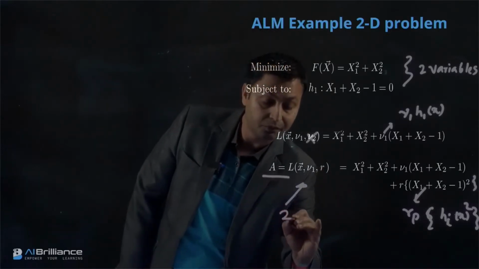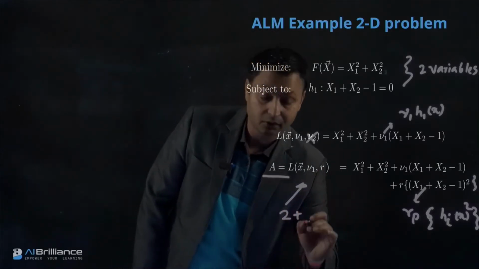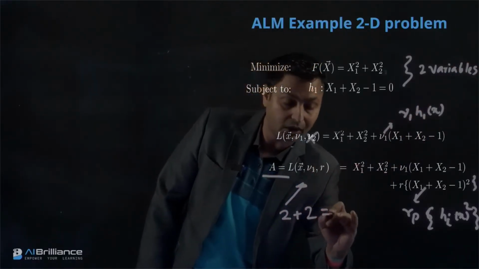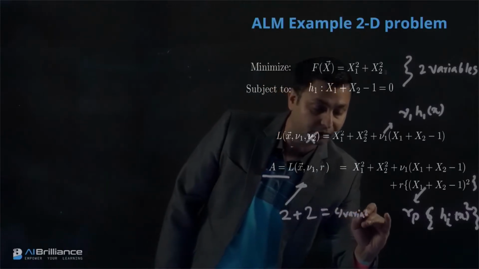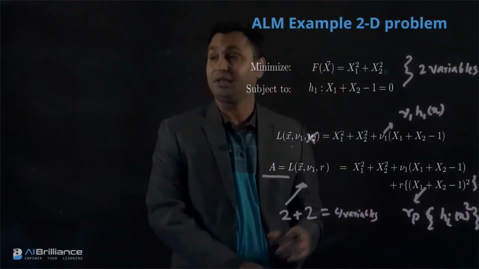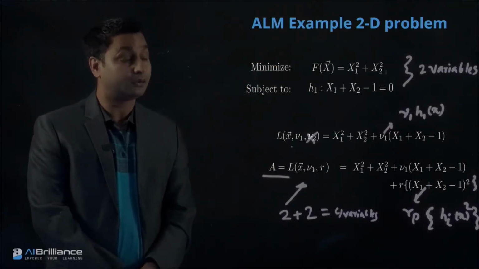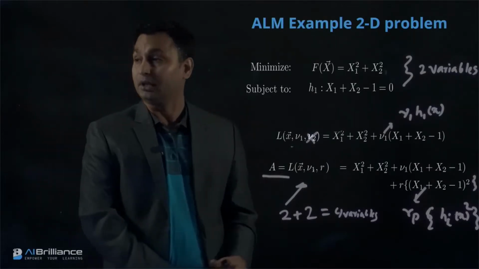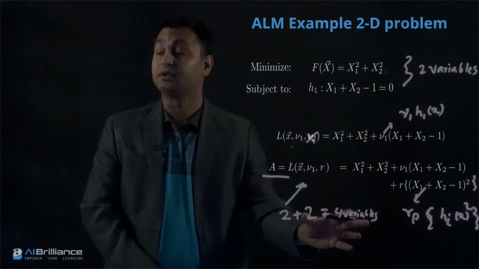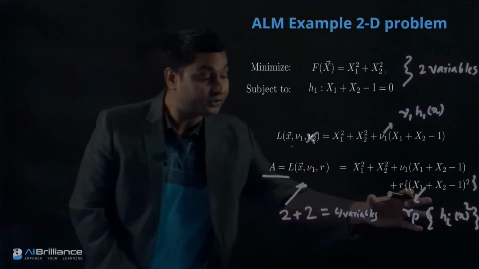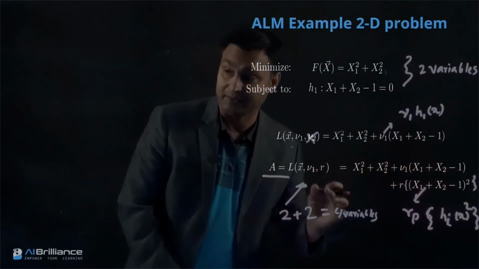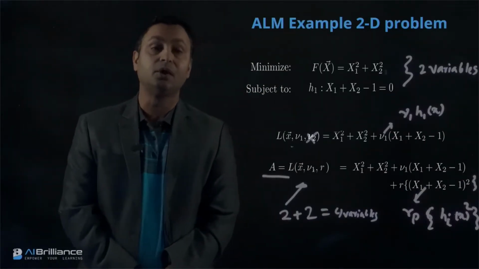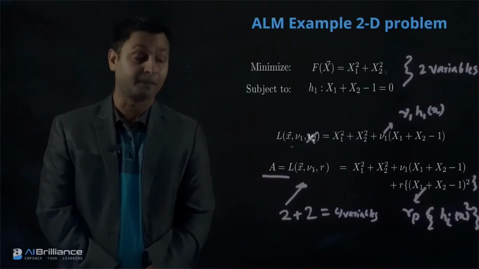So because of the addition of nu1 and r, we have the two original variables plus nu1 and r. Now we have four variables in the optimization problem. This is the main change when you take a constrained optimization problem and convert it into an unconstrained optimization problem using the augmented Lagrangian: the number of variables increases. Now you have a four variable unconstrained optimization problem denoted by this objective function, and here is where you use the gradient descent algorithm or Newton's method to solve this class of problem.